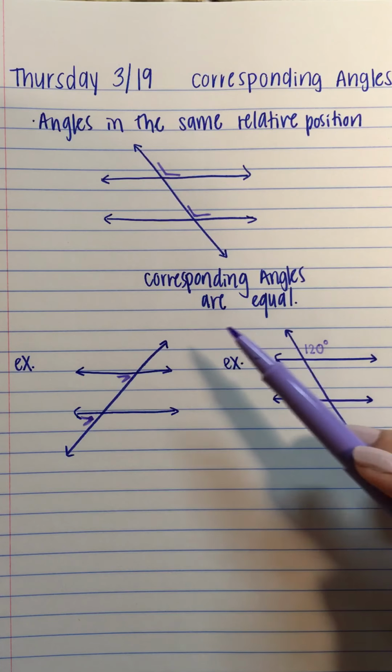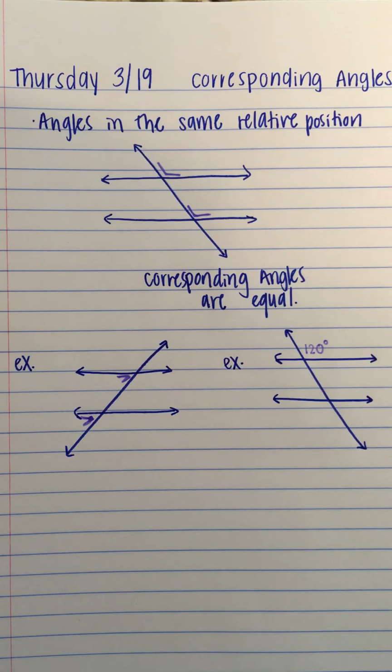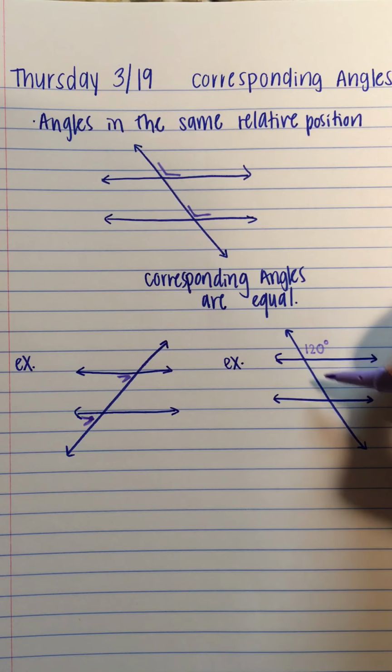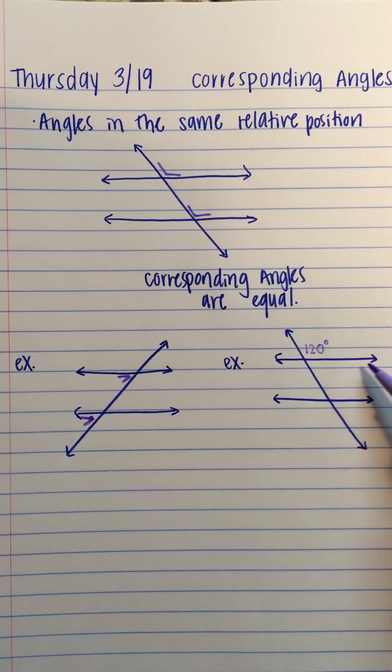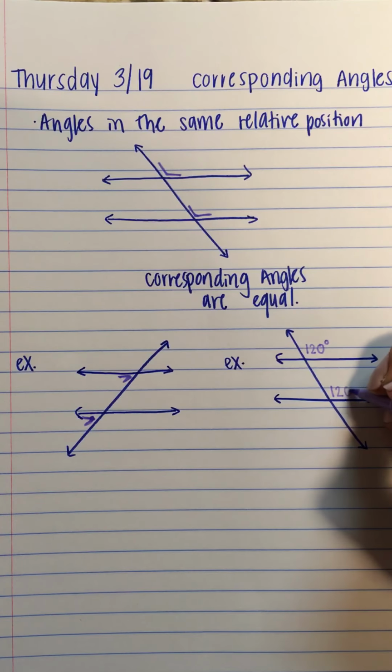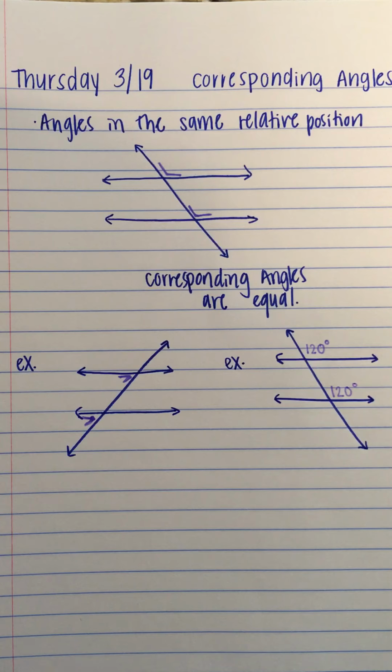Well, if I find its corresponding angles, it'll also be 120 degrees. So let's see here. I notice that this angle is on the right of the transversal, so I'm going to check on the right. And I notice it's kind of sitting on top of this parallel line. So its corresponding angle would be this one right here. They're equal, they're both 120 degrees.